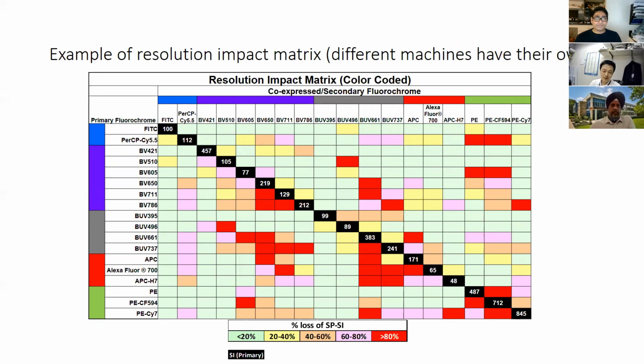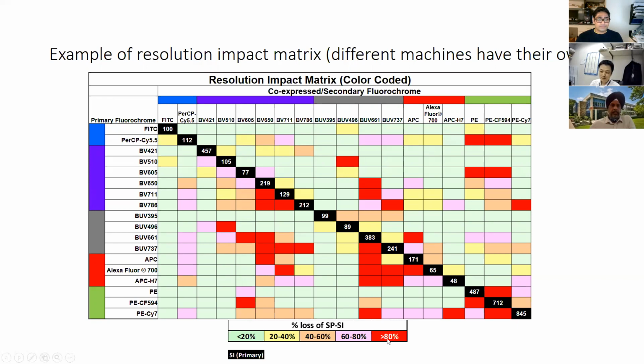So how do we pick the right colors? Here is a list called the resolution impact matrix. What does this mean? This lists all the detectors of one certain machine. And this is not calculated. This is actually measured one by one by the BD engineers. When they built this machine, they ran each single color beads to measure the spillover of each color.